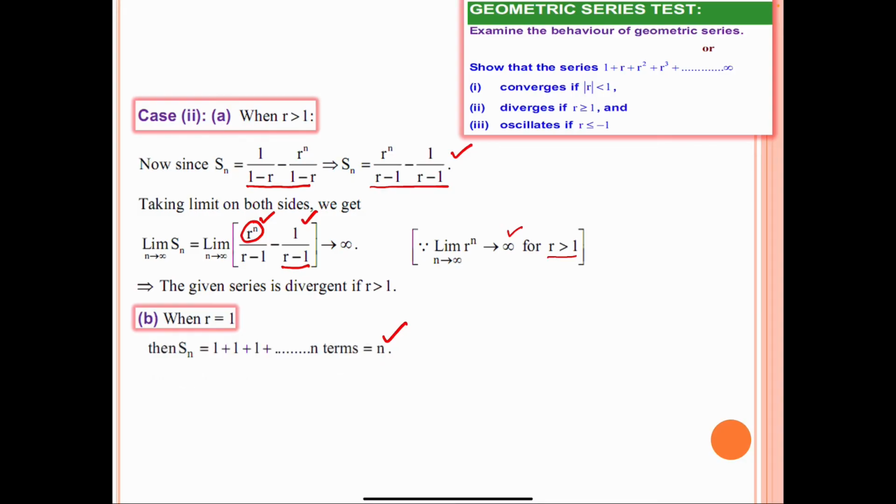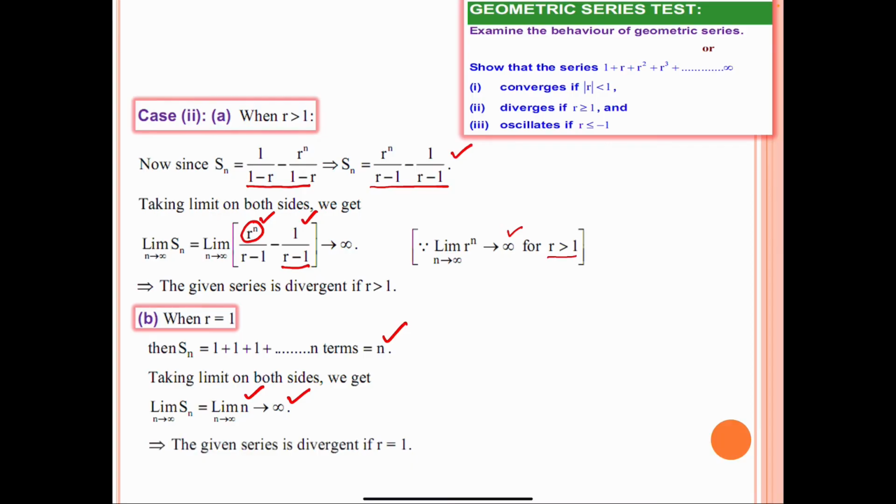Now taking limit on both sides, limit n tends to infinity Sn is equal to limit n tends to infinity n, and it becomes infinity. This means the given series is divergent if r is equal to 1. Clear? So combining both the arguments, we conclude that the given series is divergent if r is greater than or equal to 1. And that one is the case number 2.